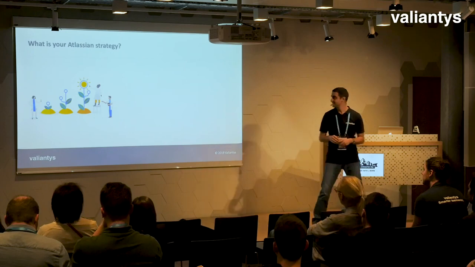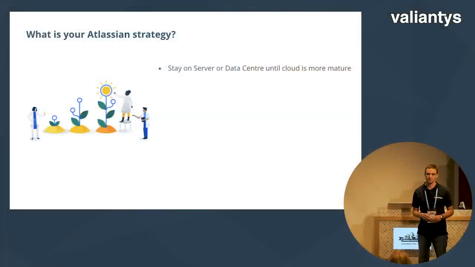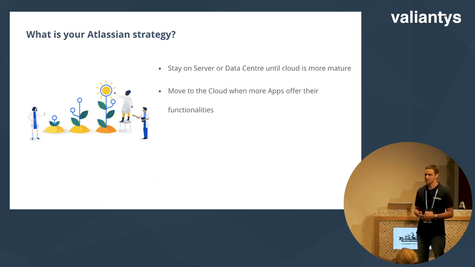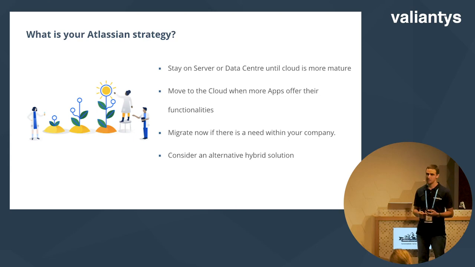What's your Atlassian strategy? A few options to consider as well. Stay on the server or data center for now until more application functionalities come into the cloud, and the cloud is more mature to answer your needs. Migrate now. There's a need within your company to start migrating to the cloud. Consider an alternative hybrid solution, where you host your application on AWS, but have the Atlassian server installed, and Valiantys offers this option as well.